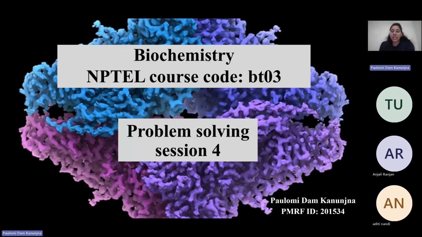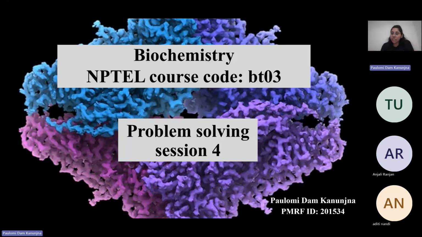Welcome everyone. We are in the problem solving session 4 for the biochemistry NPTEL course. If you remember, last time we had done enzymes and we solved a lot of numericals. So today also we have enzymes. Today we have a new topic on enzyme kinetics, and then the second half of today's lecture, as you would see from your lecture notes, is about polysaccharides, monosaccharides, so carbohydrates and lipids.